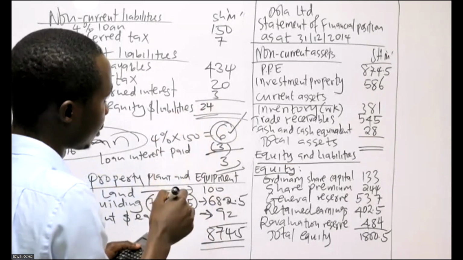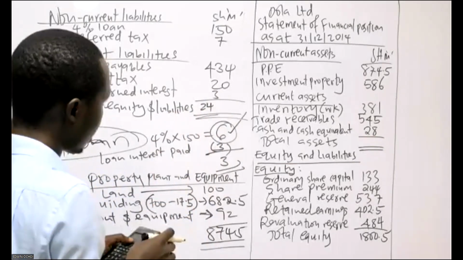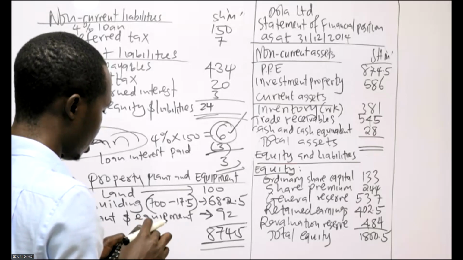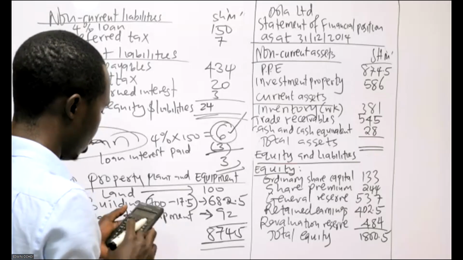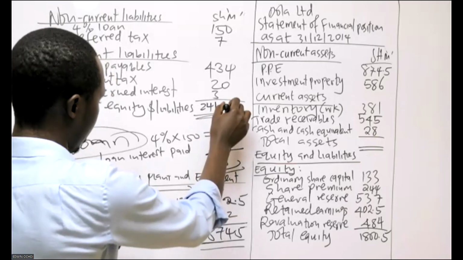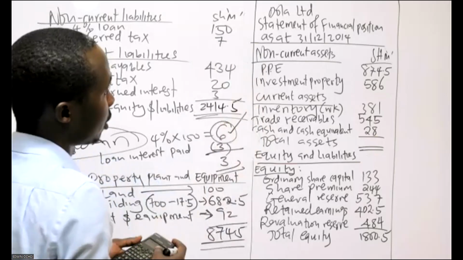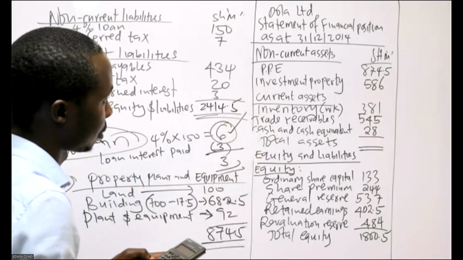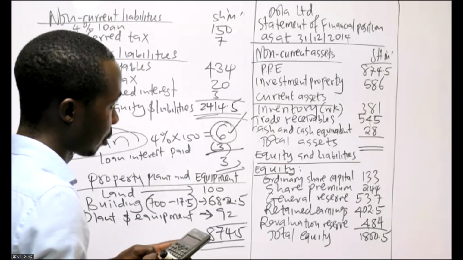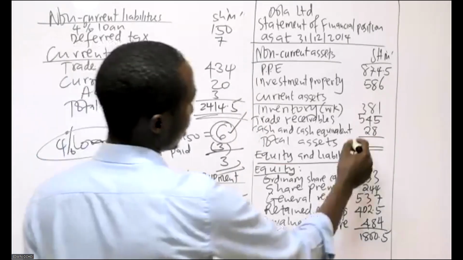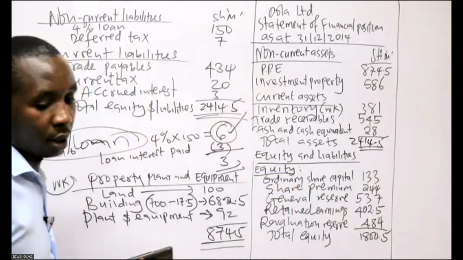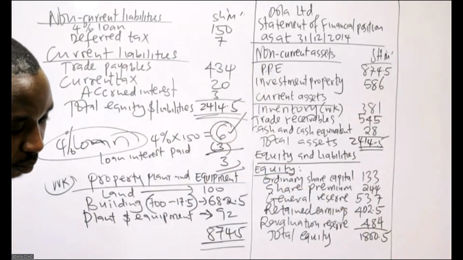So there's somewhere I've missed. Yeah, so this one is 2414.5. What about assets? Total equity and liabilities is the same. This one is also the same. Yes, it is balancing. So that is okay.